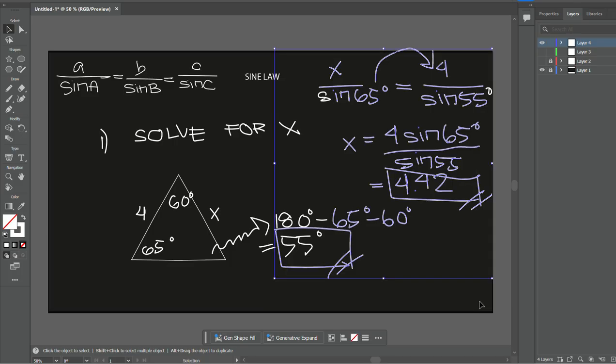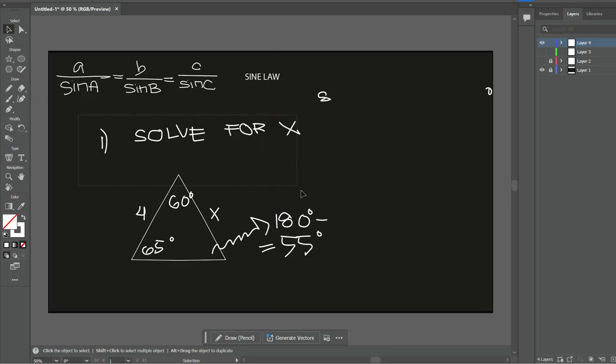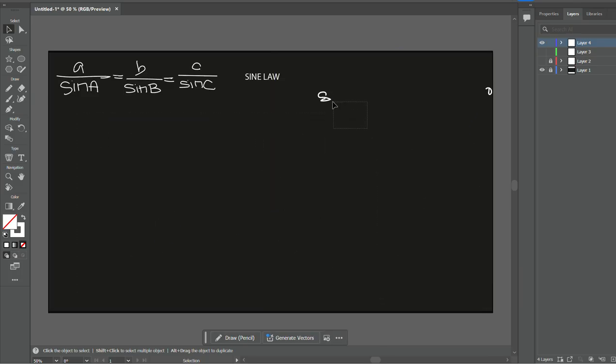Let's try another example. Just remember it has to be the opposite side, the opposite angle, because if it's not, it's not sine law, it's a cosine law.